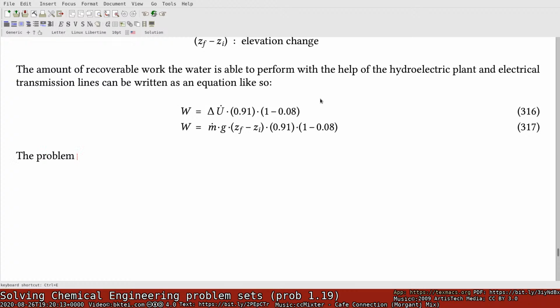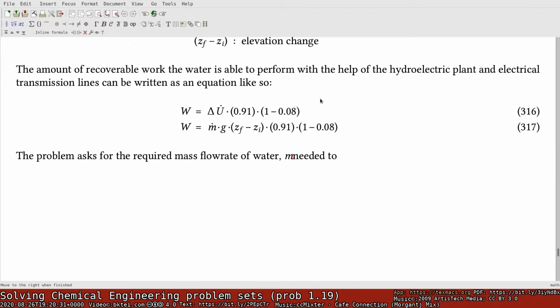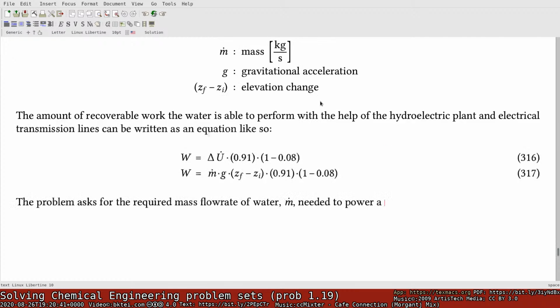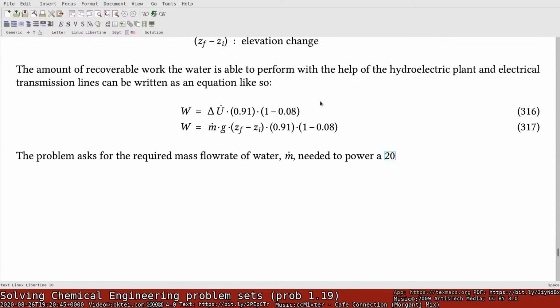The problem asks for the required mass flow rate of water, m dot, needed to power a 200-watt light bulb.